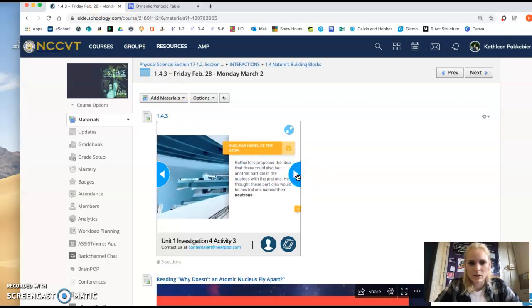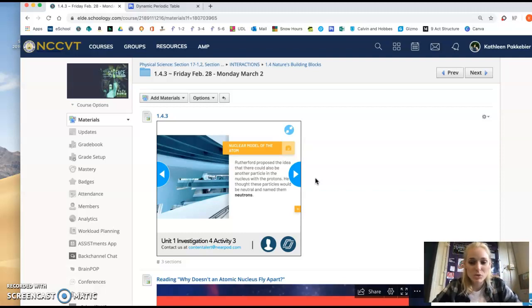The way that Rutherford and everybody else at the time justified this was the idea that there's another smaller particle in there with the protons and the electrons. And this one they called the neutron. Yes, this is the particle that Jimmy Neutron is named after.